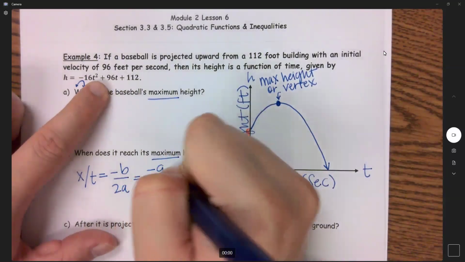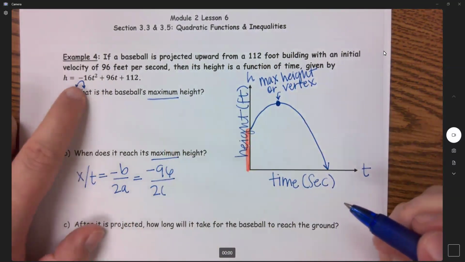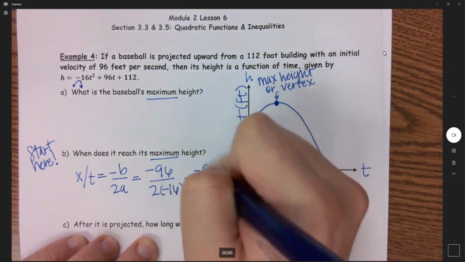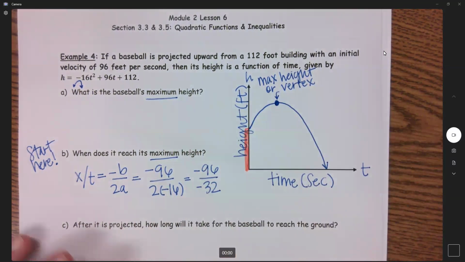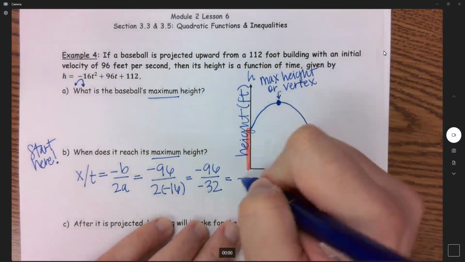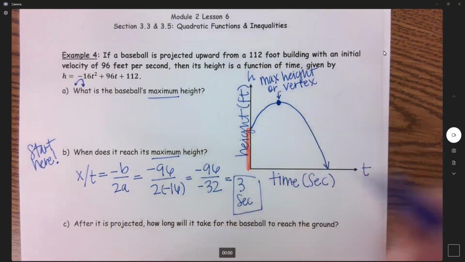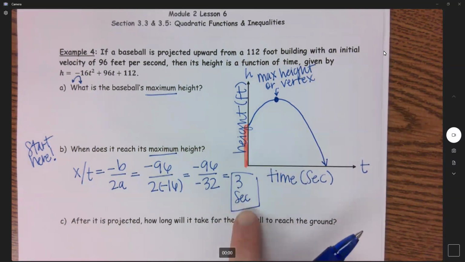So we have negative 96 over 2 times a, which is negative 16. So we have negative 96 over negative 32, and this is going to equal 3. So 3 seconds. Word problems need word answers, or at the very minimum units. So not just 3, but 3 seconds.